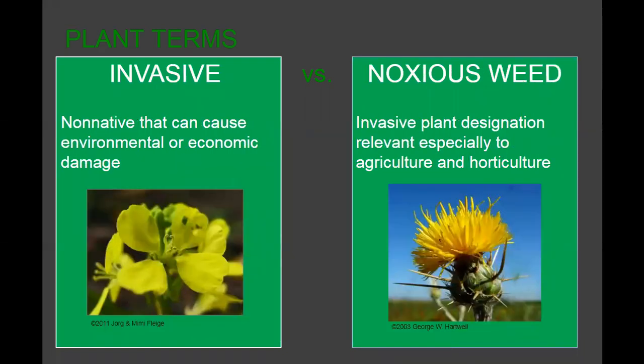And then invasive versus noxious weeds. These are more like terms that are issued by institutions. An invasive species is something that's been introduced, is pretty aggressive, and outcompetes the native species for water, nutrients and space. The label is usually attached to plants that have a negative impact on the environment they're introduced into.